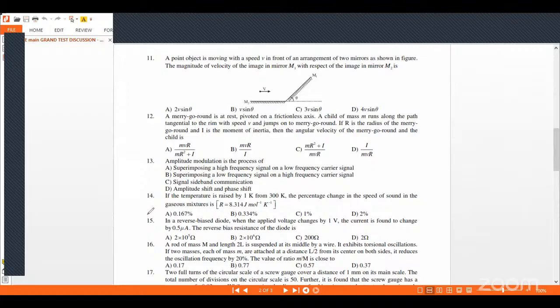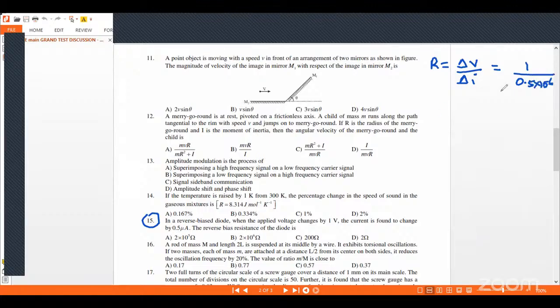In a reverse bias diode, when applied voltage changes by 1 volt, the current is found to change by 0.5 microampere. Reverse bias resistance R equals delta V by delta I, which is 1 by 0.5 into 10 power minus 6.